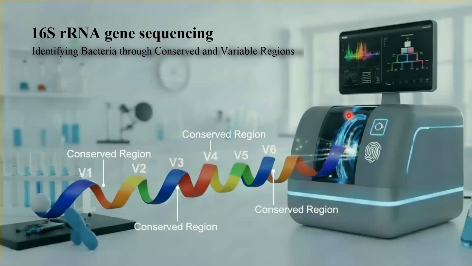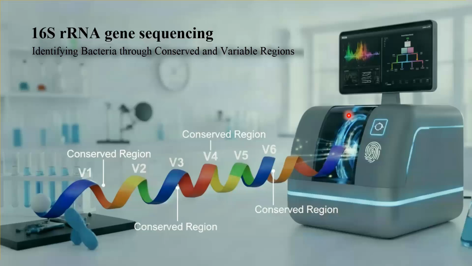One of the most common DNA-based approaches is 16S rRNA gene sequencing, most often performed as 16S rRNA amplicon sequencing. Here, scientists target a specific gene, the 16S rRNA gene, which is present in all bacteria. By sequencing this gene from environmental DNA, scientists can identify and classify bacteria present in a sample.